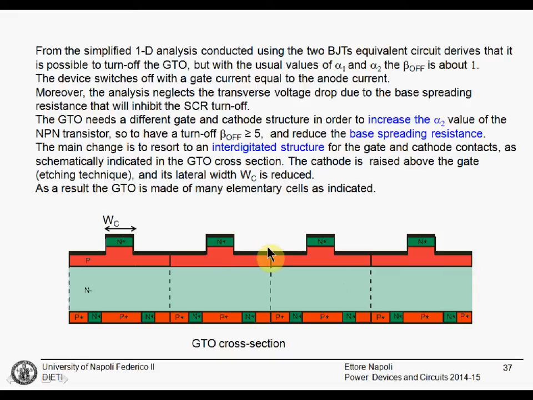The gate contacts, you can see here, are quite big. The area is more or less the same as the area of the cathode. And this also reduces the base spreading resistance because there is a lot of contact. This means that we need a very finely interdigitated structure for the gate.